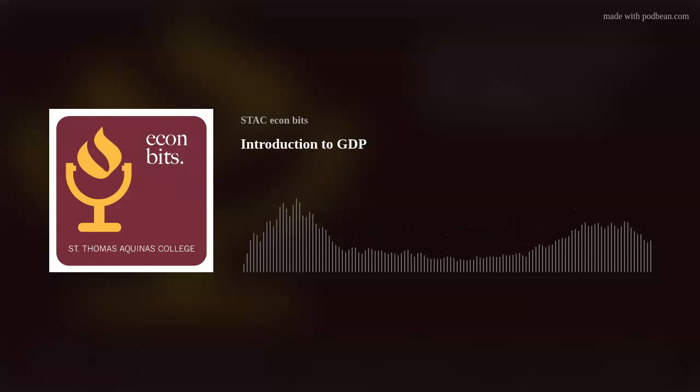In order to calculate GDP, there are 4 factors that are needed. These 4 factors are consumption, investment, government spending, and net exports. All of these components play a key part in determining an economy's GDP. Consumption refers to the consumer spending on goods and services in an economy. Investment refers to the spending on capital goods such as machinery, commercial real estate, or business equipment.